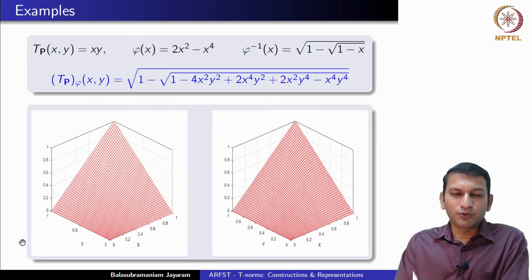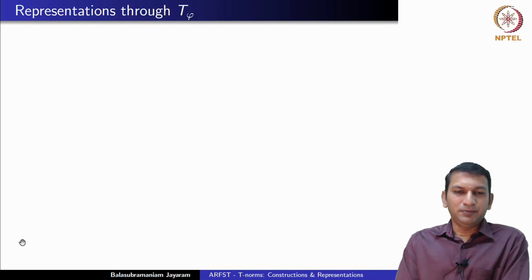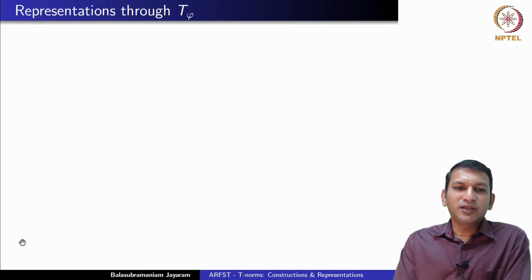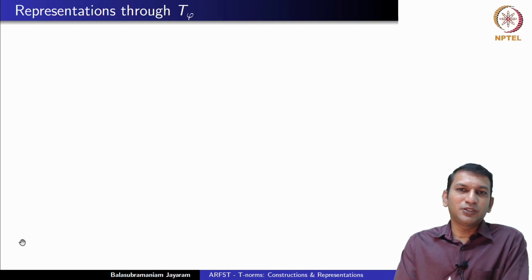However, of course, they are not identical. So for the product T-norm, there are bijections which will give you different T-norms when you apply the phi conjugate on the product T-norm.